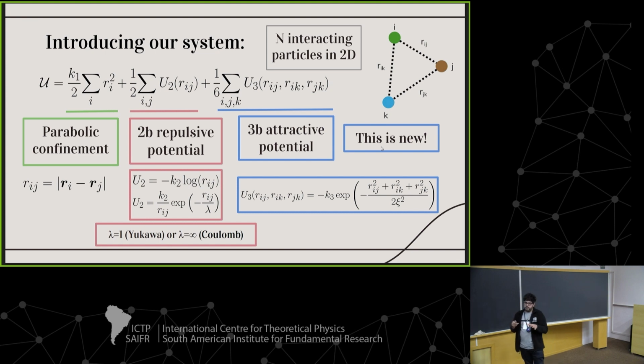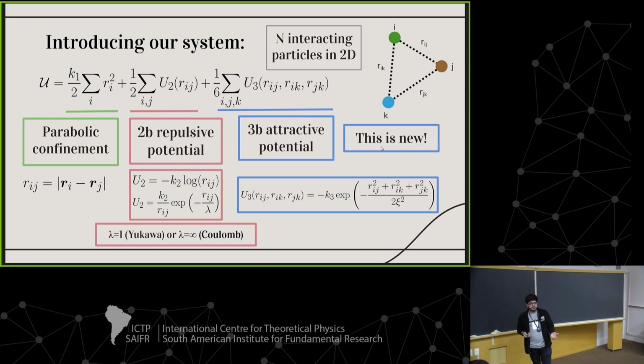We know that in superconducting vortices and charged colloids these terms are attractive, but we don't quite know the functional form. So we adopt a single Gaussian model here, which depends only on the positions of a given trio of particles, and everything is fixed: the confinement, the two-body potential, and we only change this parameter here, the strength of this three-body interaction. And we want to see what changes in the shell structure we can observe by doing this.